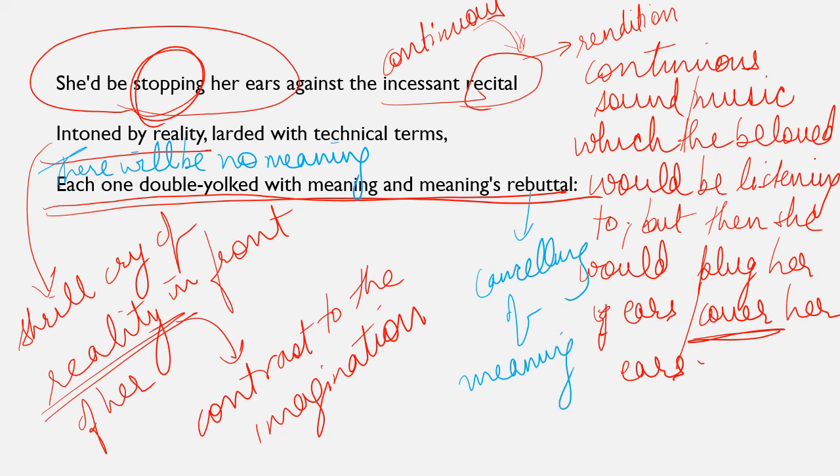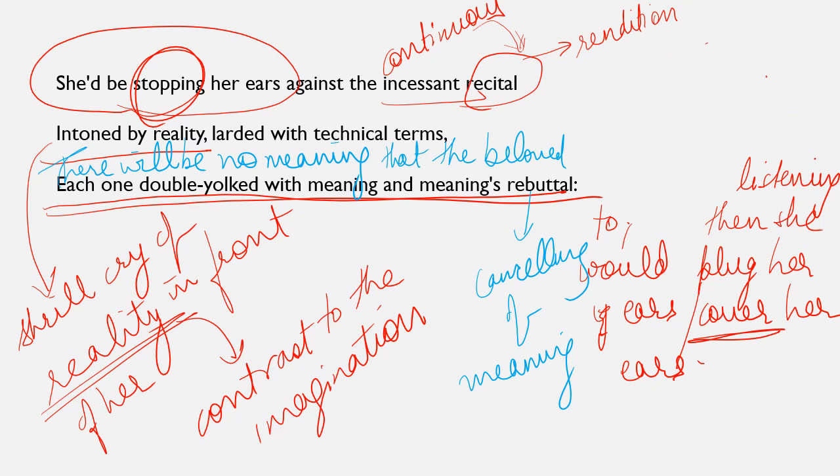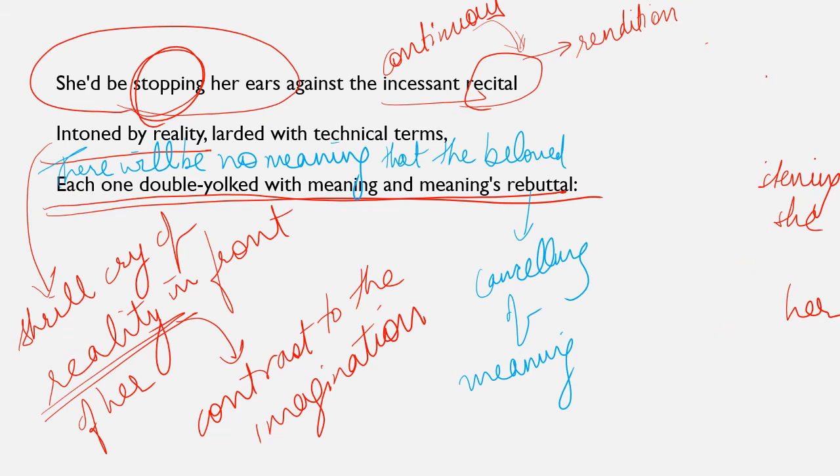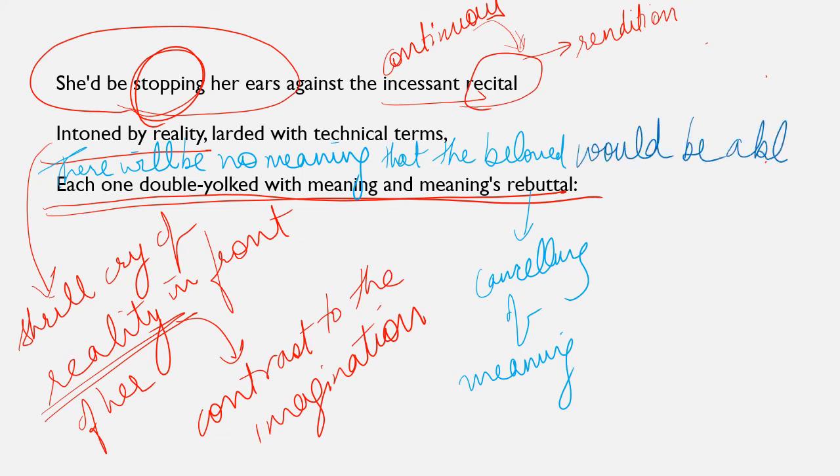So basically he means to say there would be no meaning that the beloved would be able to make out.